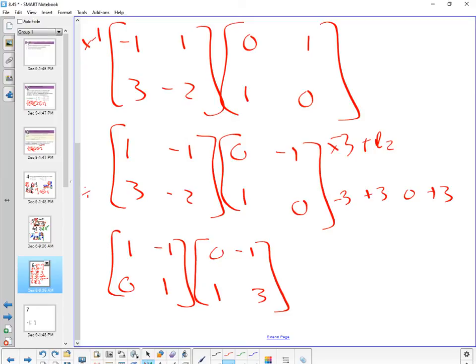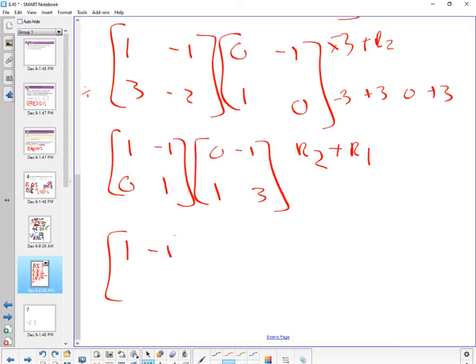And then I want that to be 0, so I'm going to add it to row 1. So 0 plus 1 is 1. 1 plus -1 is 0. 1 plus 0 is 1. 3 plus that is 2. And then this would be 0, 1, 1, 3.